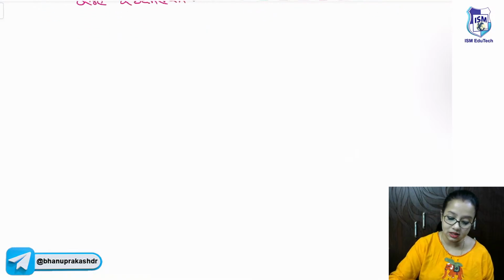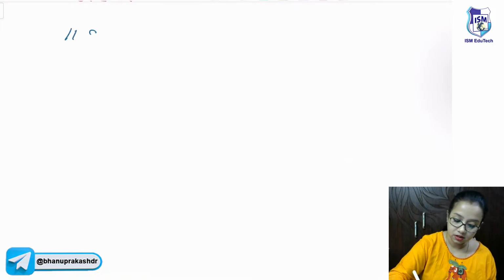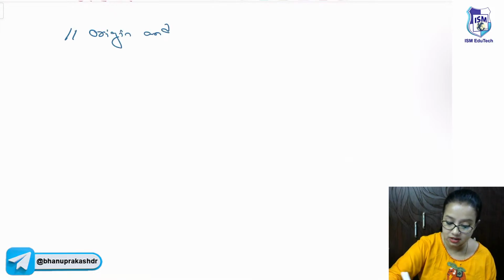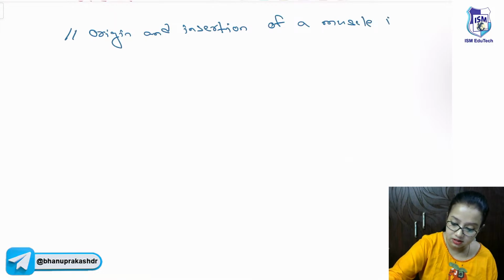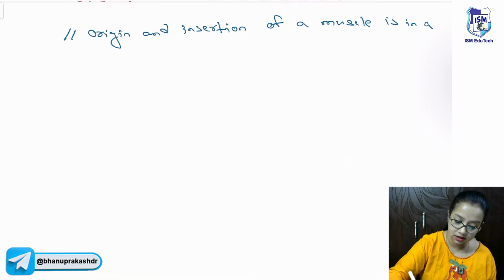Now, what is the origin and the end of a skeletal muscle? Origin, that is the beginning, and insertion of a muscle are in a tendon.